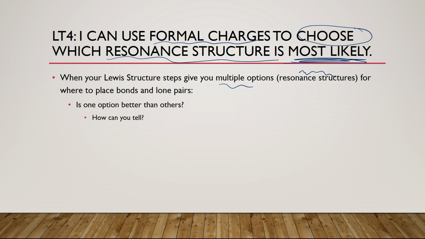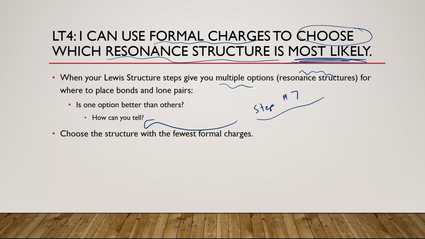And so the next layer, step number 7 on that little help sheet, is how can we tell using something called formal charges. Once we know how to find formal charges, which I'll teach you in this lesson, we're always going to choose the structure with the fewest formal charges.